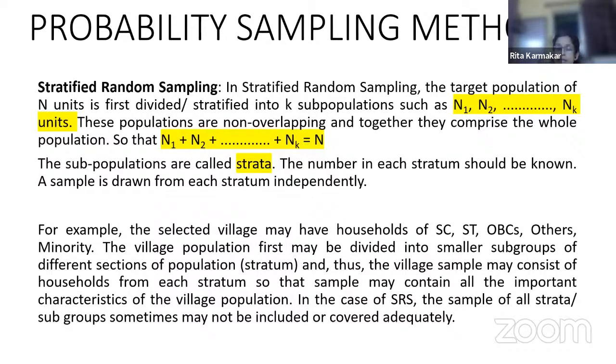You can read the definition as an example and understand it. In a selected village, there are households of different categories: scheduled castes, scheduled tribes, OBCs, others, general categories, minority, etc. When you add up, it will give you the entire village population.